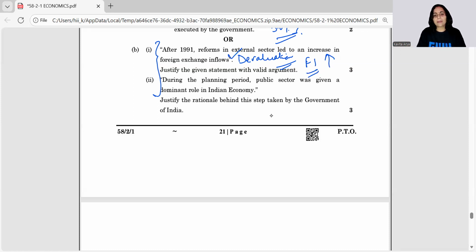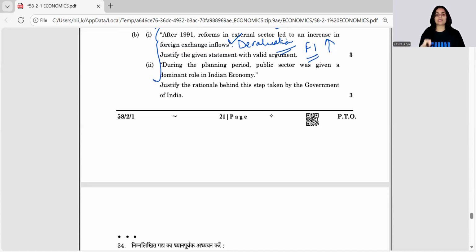Then, during the planned period, the public sector was given a dominant role in the Indian economy. Justify the rationale. The public sector had to take it up. There was no other option because the private sector is basically money oriented, profit oriented, and there was no big market for the private player.